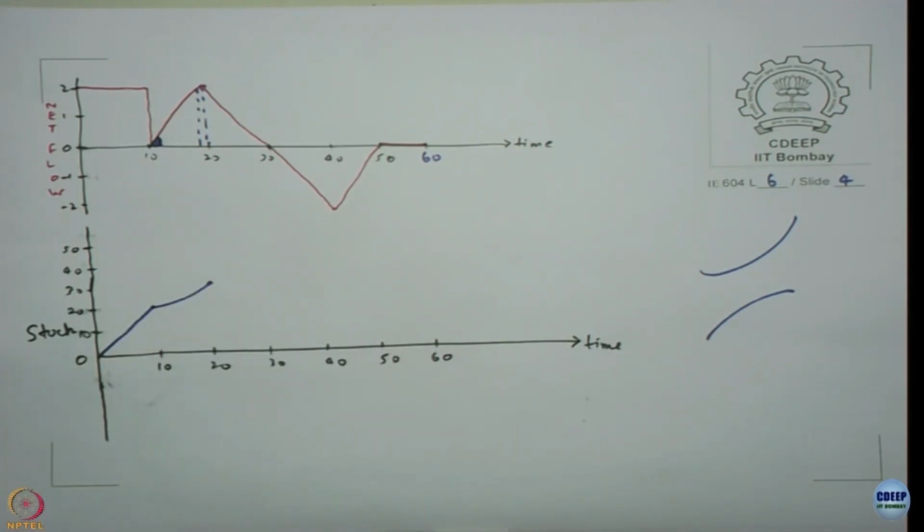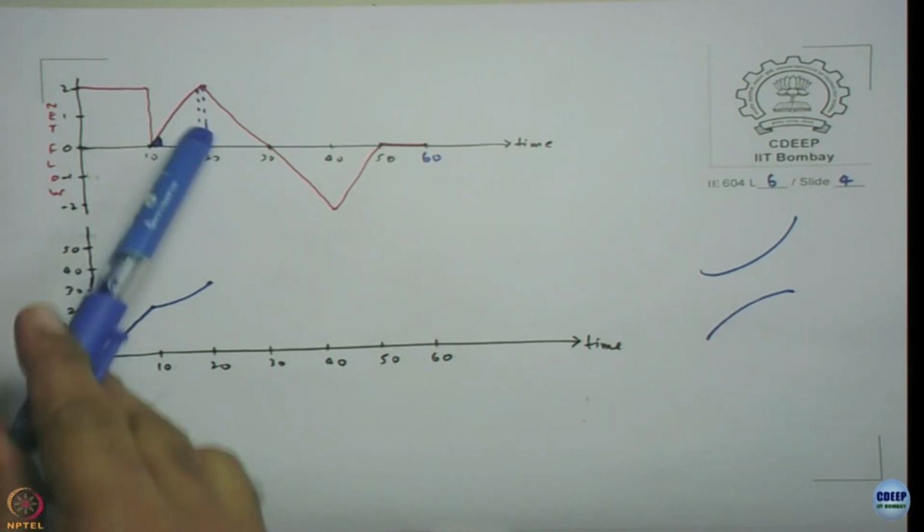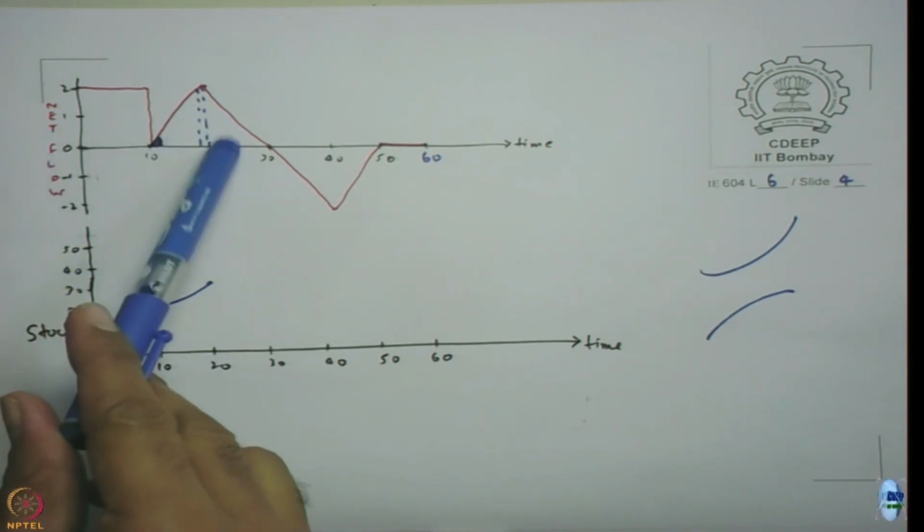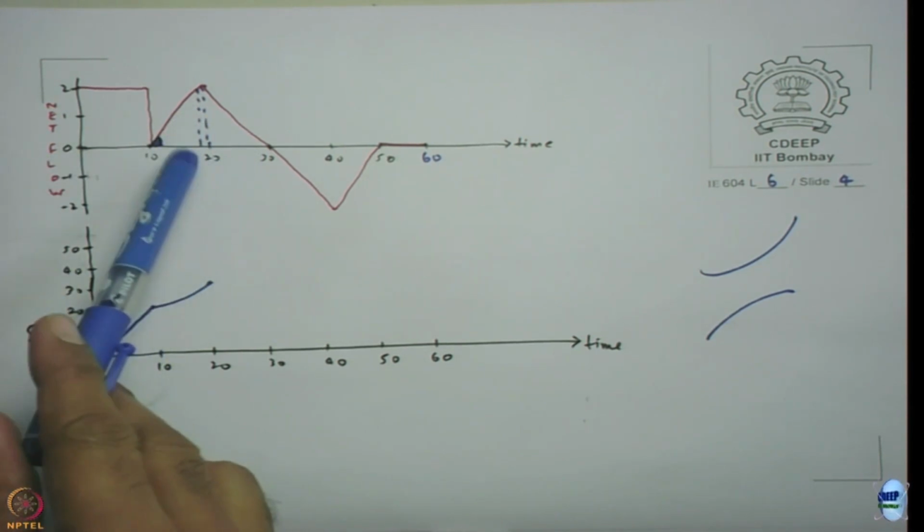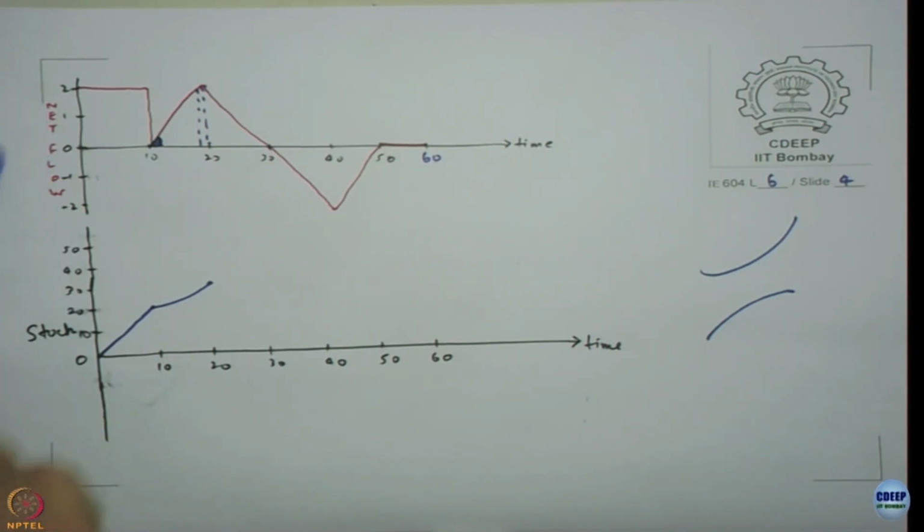Then what happens from 20 to 30? Will it increase or decrease? The stock will increase. The flow shows a decreasing rate, but still every time unit some positive quantity is added. As long as there is a positive quantity, look at it, it says net flow. Net flow means inflow minus outflow. So if it is positive, it is being added to the stock.